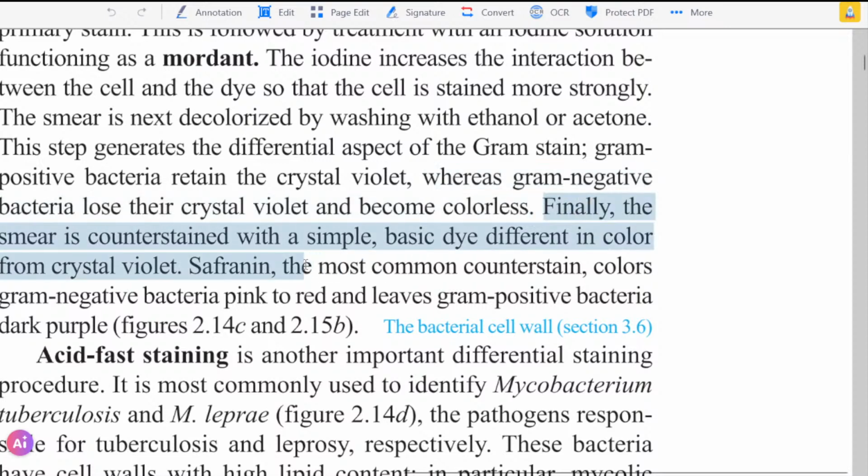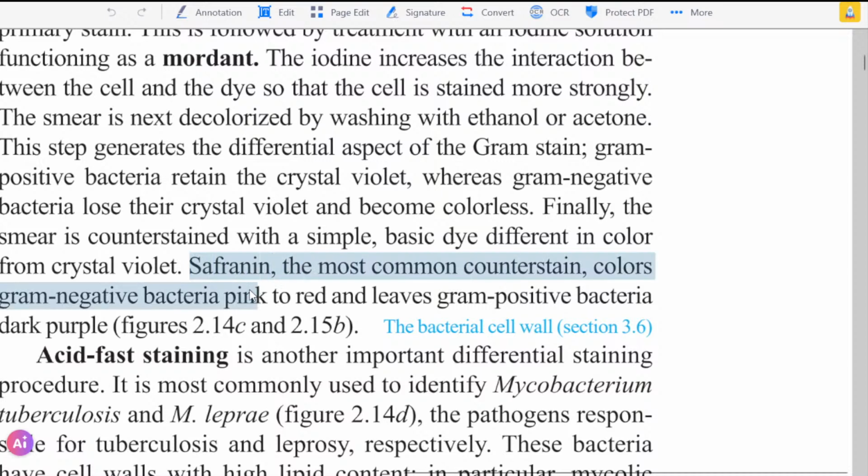Finally, the smear is counterstained. First is the primary stain, the second stain is the counterstain. It's again a basic dye, different in color from the crystal violet, and that is safranin. The most common counterstain colors the gram negative bacteria pink to red, and leaves the gram positive bacteria dark purple.